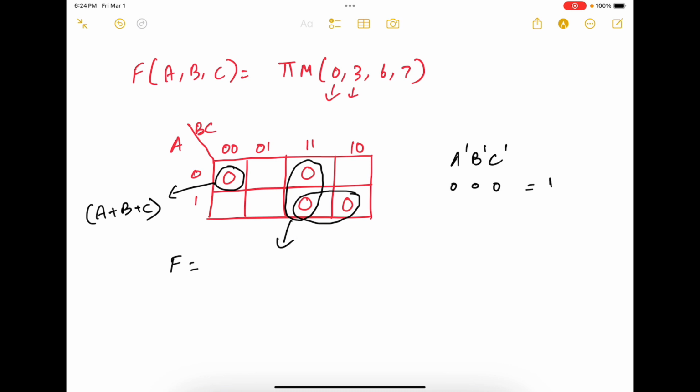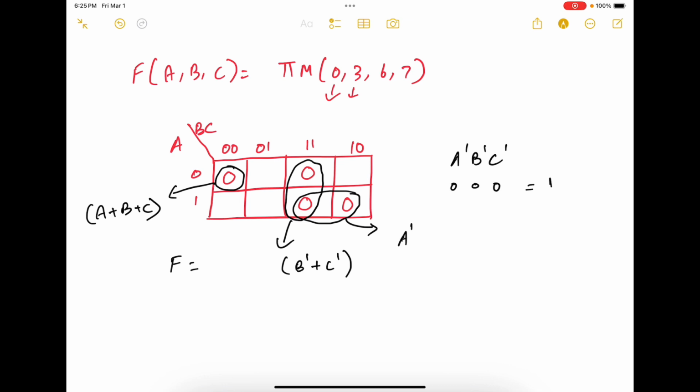For this one here, we have BC. Basically, B is 1 and C is 1. So we are going to write B prime or C prime. So when B is 1 and C is 1, the term is going to be a 0. And finally, for this one, you have A equals to 1.